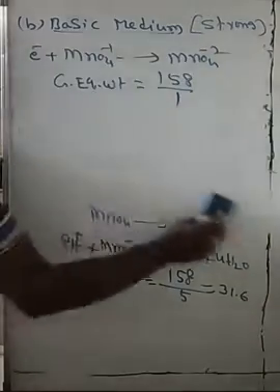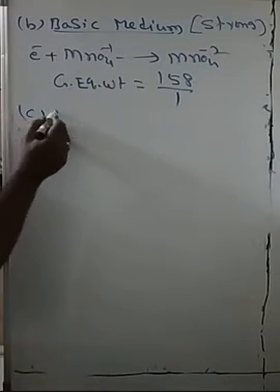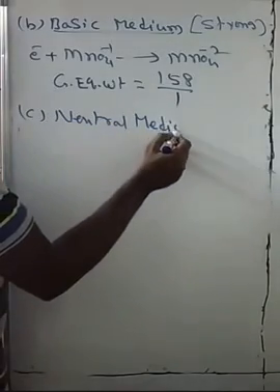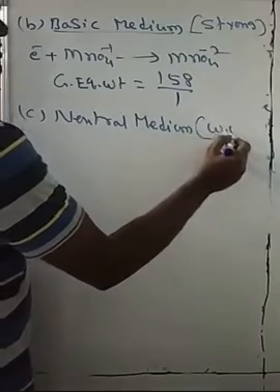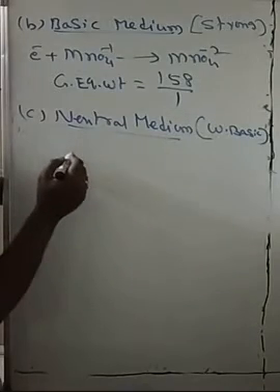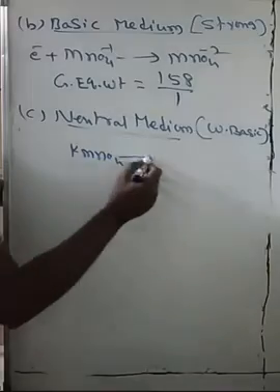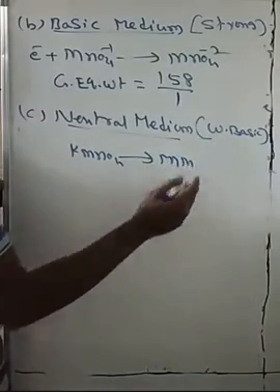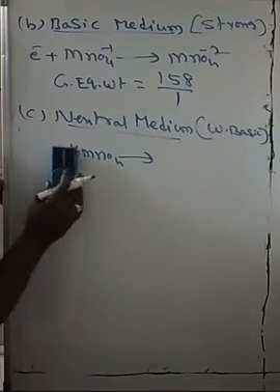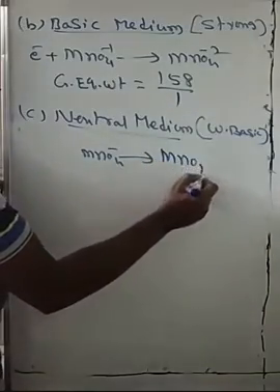Whereas in neutral medium or weak basic medium, KMnO4, that is the MnO4 minus ion, is converted to MnO2.